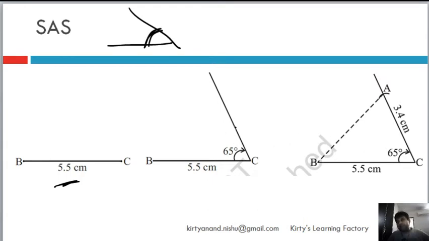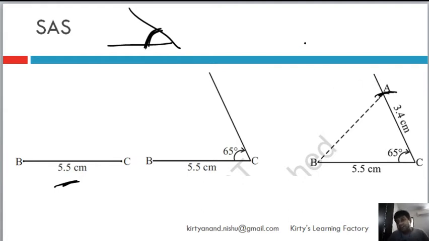Now, because I said the two sides, their lengths have to be fixed and the angle between them has to be fixed. When the third side I have fixed, now I have fixed the direction of the third side. Now I am fixing the length on the third side, which is 3.4 in this case. It could be anything.